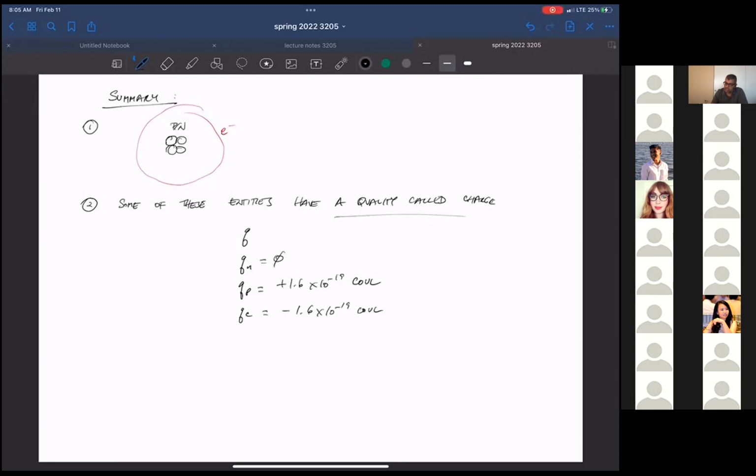And another mysterious thing is that every proton has the same positive charge, which happens to be exactly equal to the amount of charge that every electron has.